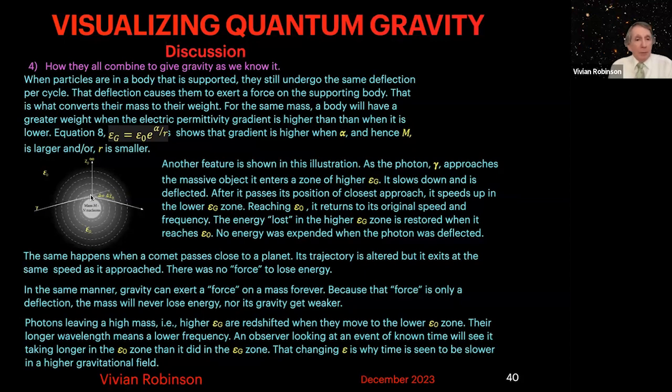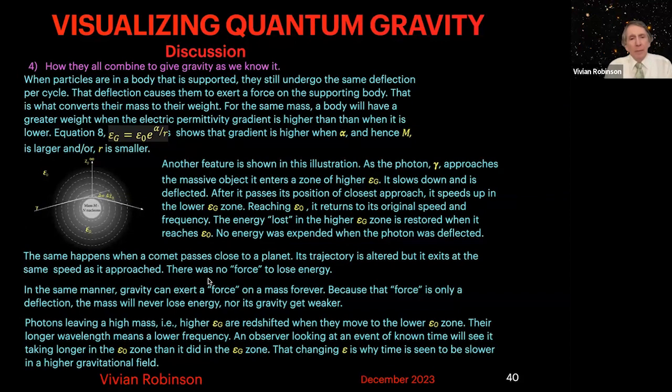The energy, if we wish to call it that, that is lost in the higher electric permittivity zone is restored when it reaches epsilon naught. In that manner, no energy was expended when the photon was deflected. The same happens when a comet passes close to a planet. Its trajectory is altered, but it exits at the same speed as it approached.